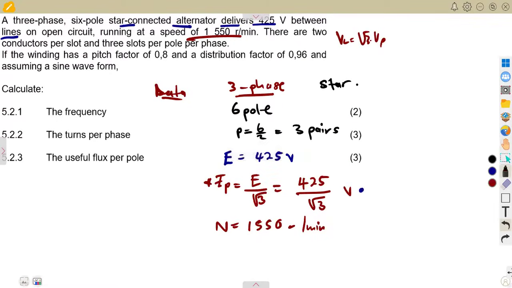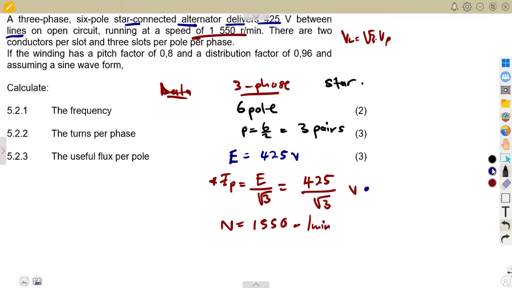I think everything is there, because the poles are there actually. They are saying there are 2 conductors per slot, so this will give us the number of conductors. Let's leave it like that. Let's talk about the slots. And there are 3 slots per pole.